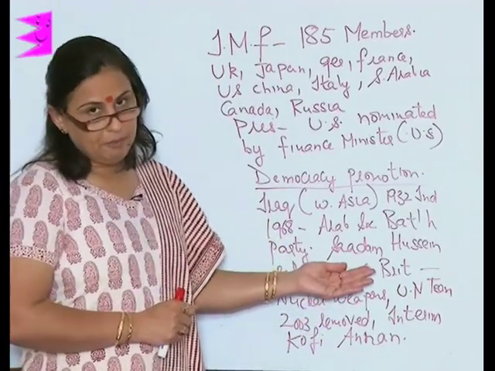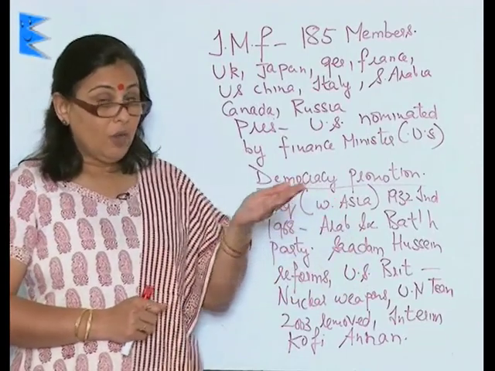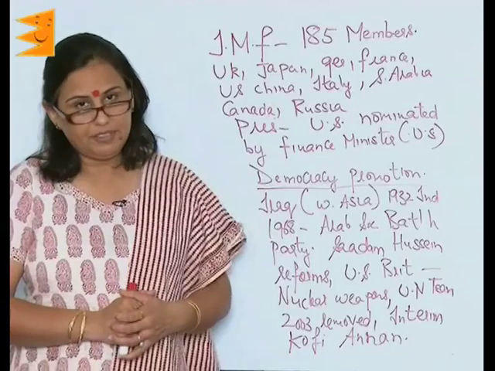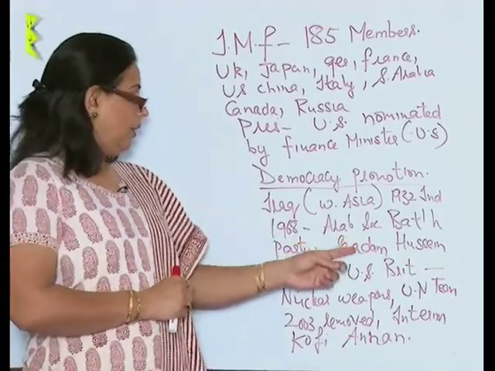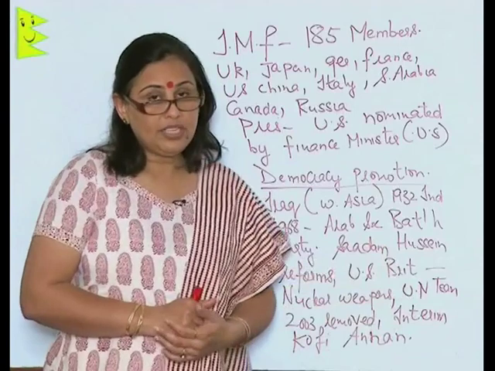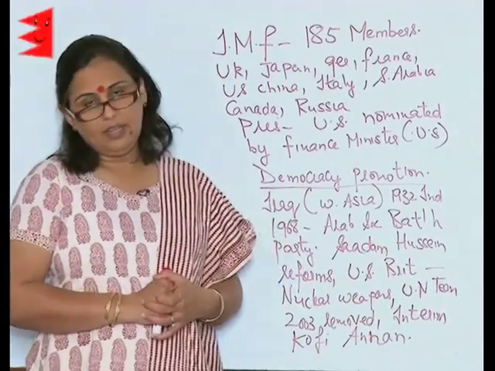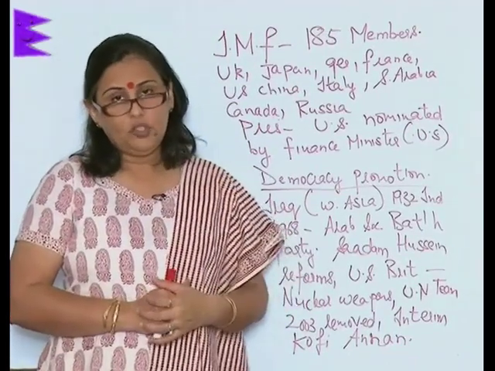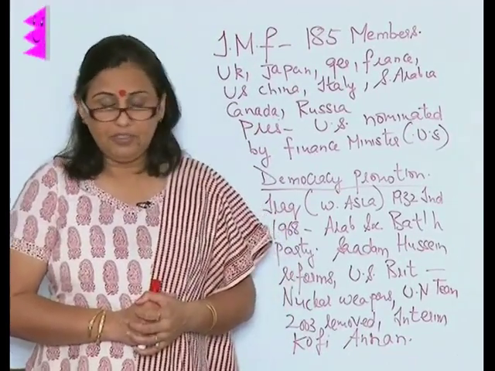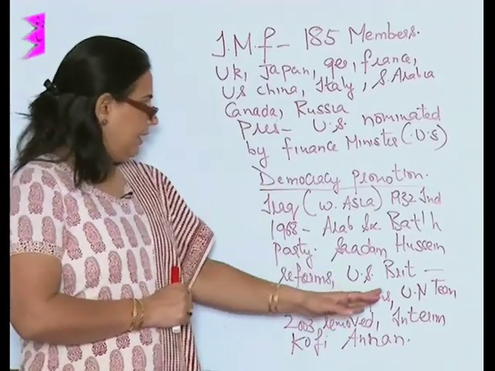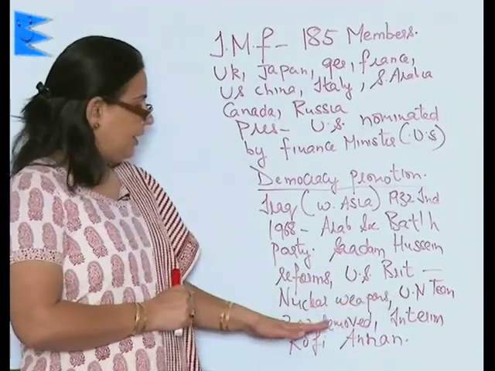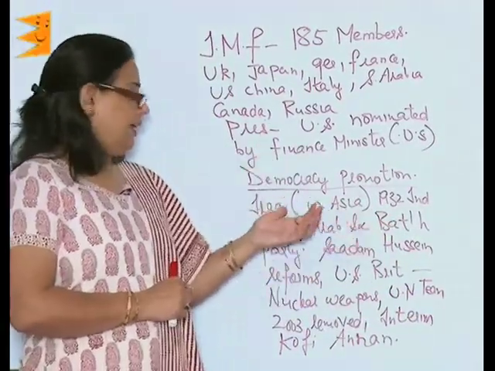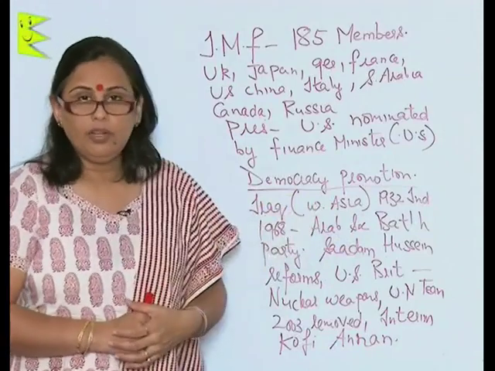Saddam Hussein's government was not liked, and the US and Britain were suspicious of Saddam Hussein. So they said that Saddam Hussein had nuclear weapons in the country, which could be a total threat to the peace of the world. In 2003, a UN team went to inspect Iraq, but they found nothing.